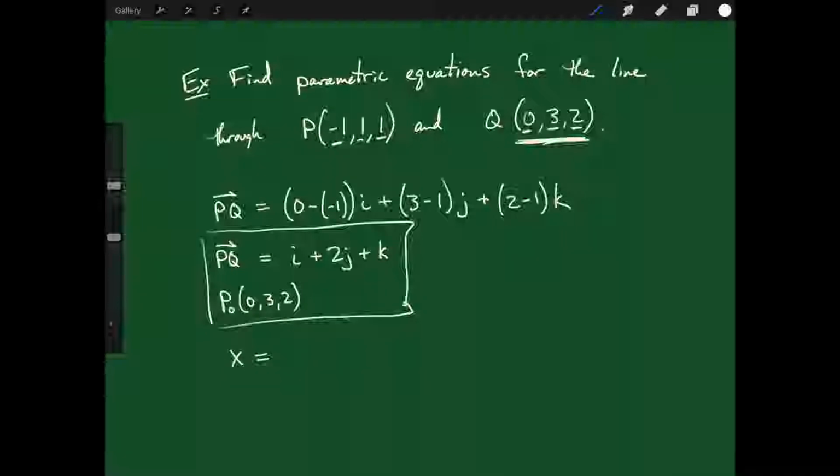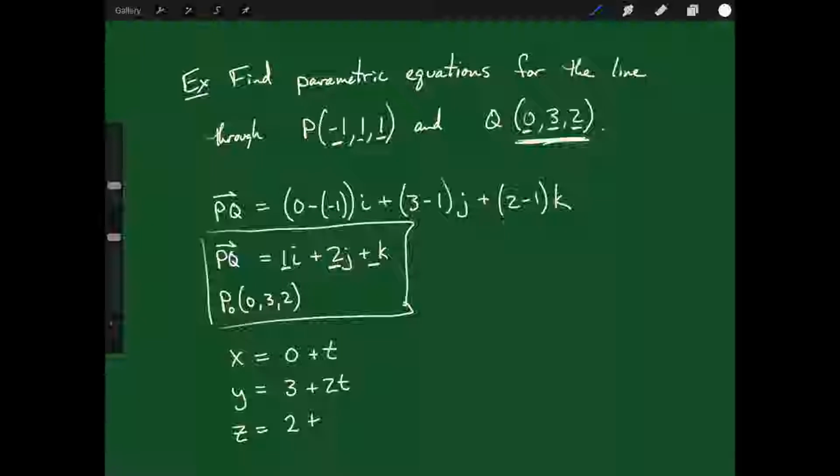So I need an equation for x, an equation for y, and an equation for z. So the point goes in first. I put in 0, 3, and 2 from the point P0, plus, well, in the first one I get 1 times t, which is just t. In the second one I get 2 times t, or 2t.